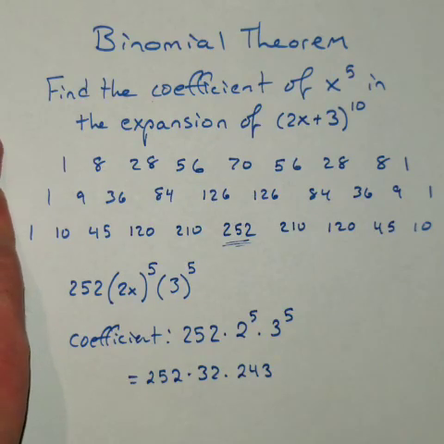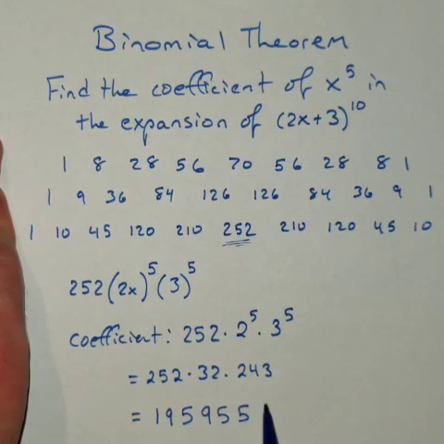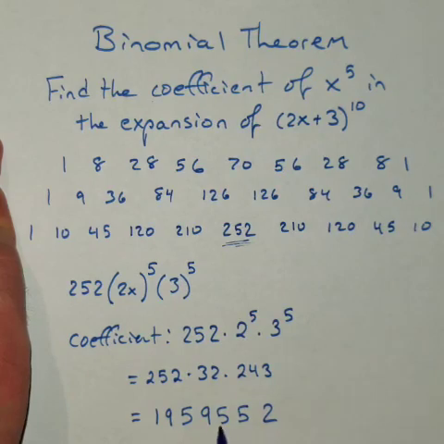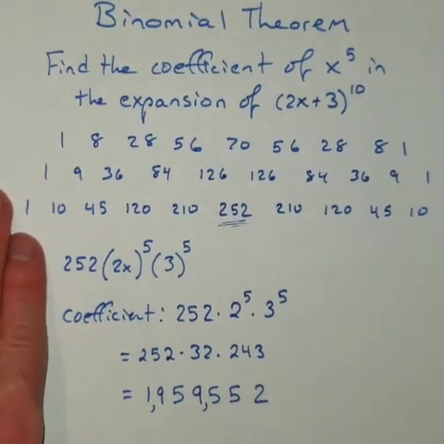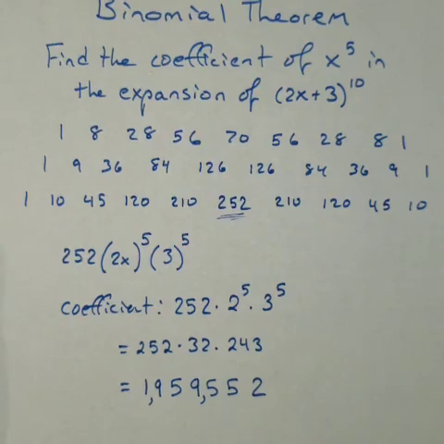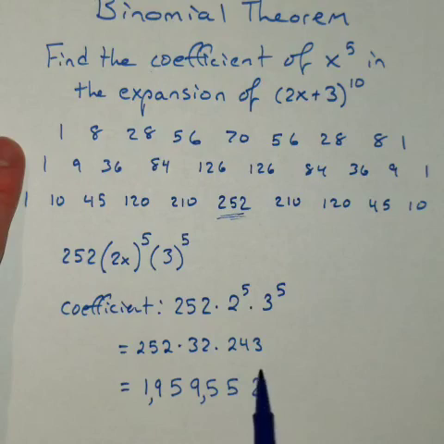And so when I multiply those, 252 times 32 times 243, I get my coefficient. It is 1,959,552. Okay, so that's my coefficient on the x to the 5th power.